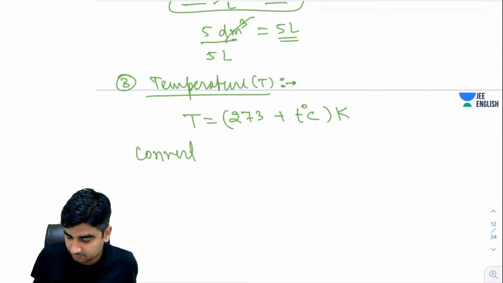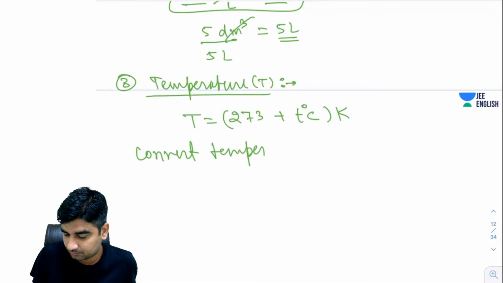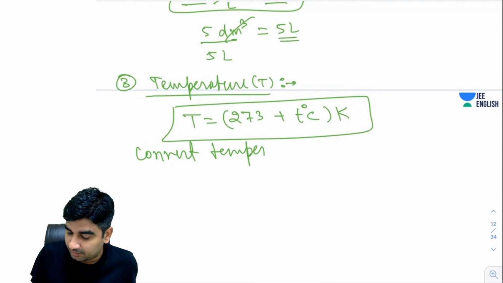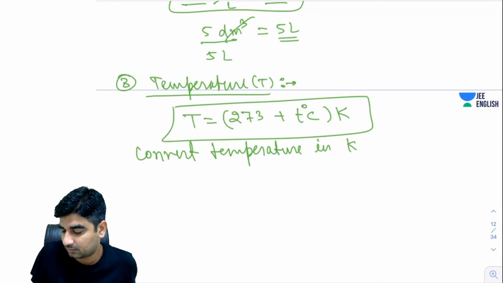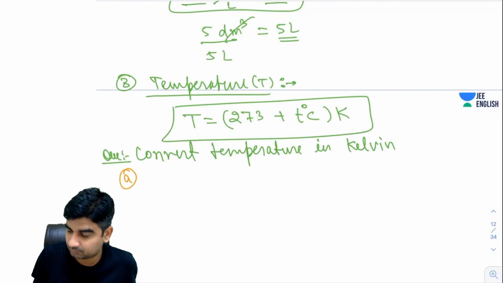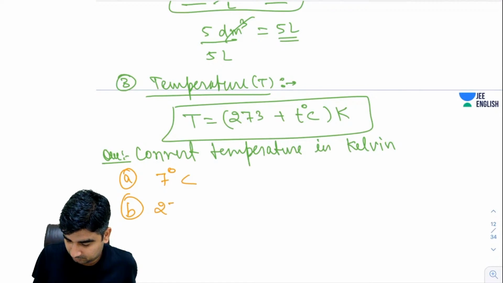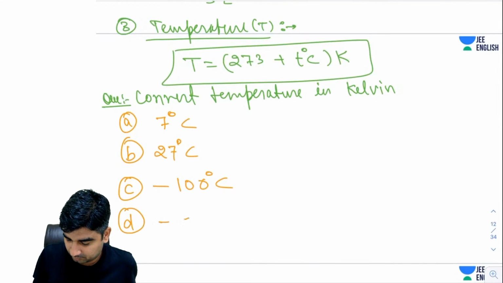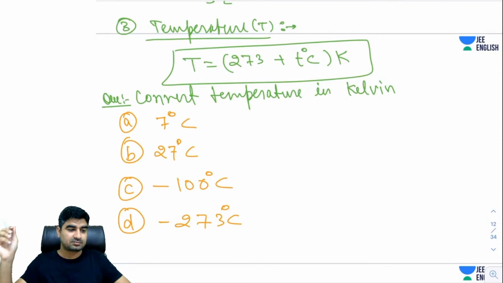Convert temperature in Kelvin. Do it fast.